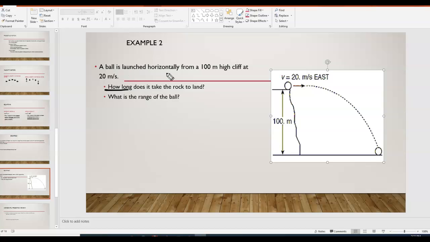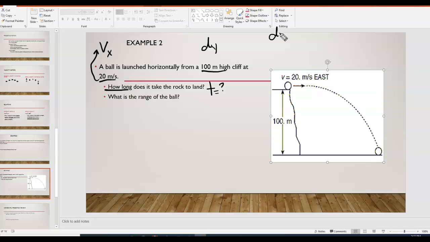Now, if you look at what we're given, the height of the cliff. It's a 100-meter high cliff. Okay, that's going to be our dy because remember height is up and down, and so that's a y displacement. 20 meters per second. Look at the units, meters per second. That has to be velocity, so that has to be Vx. So the question says how long, and how long is always a question about time.